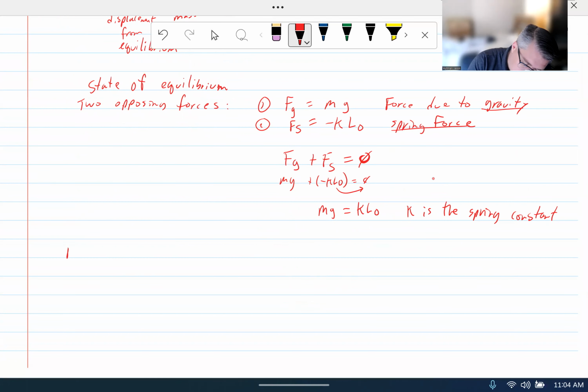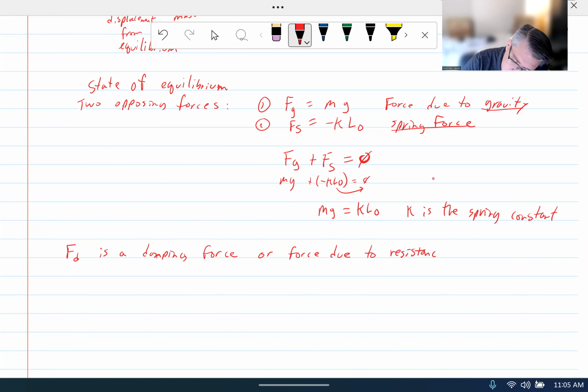F sub d is a damping force, or force due to resistance. F sub d is equal to negative c dy/dt, where c is the damping constant.